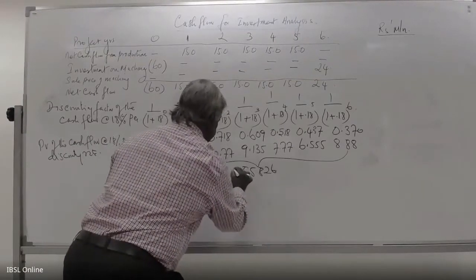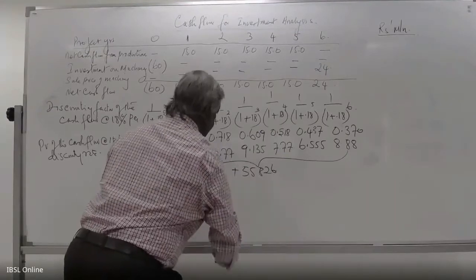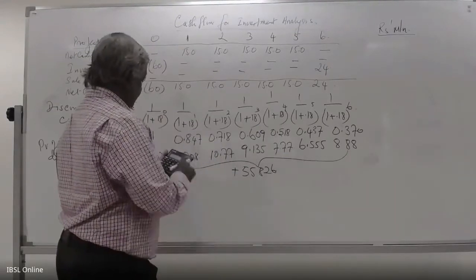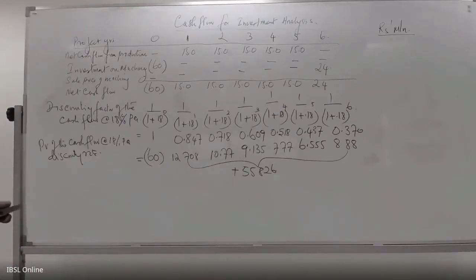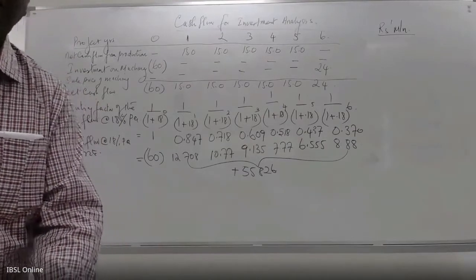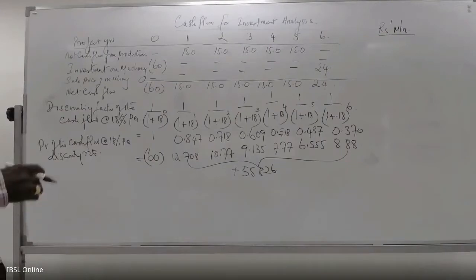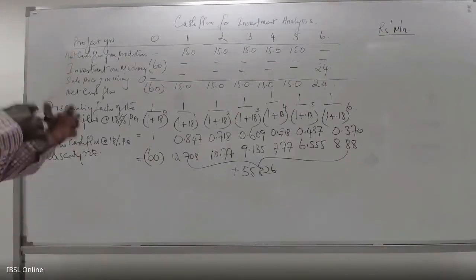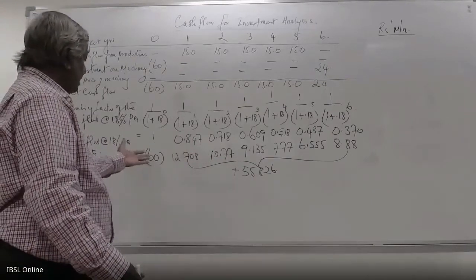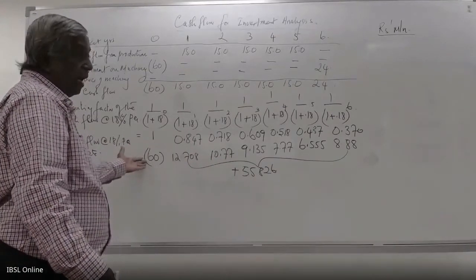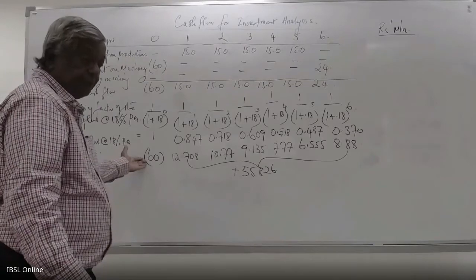55.826. This is plus. What has happened now? The inflow in present value is less than the outflow in present value.